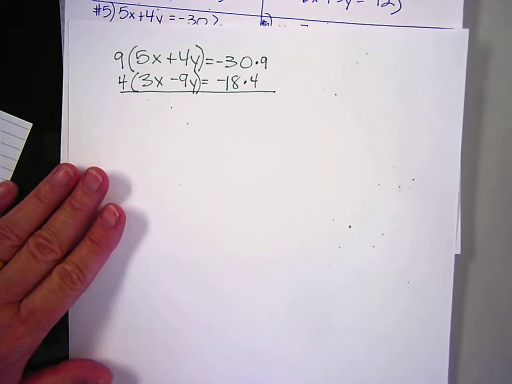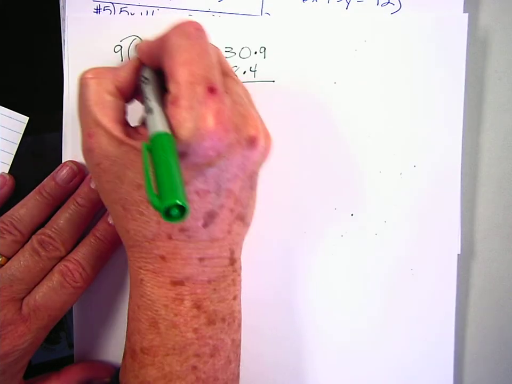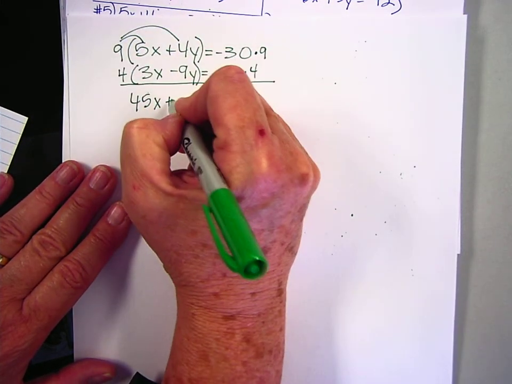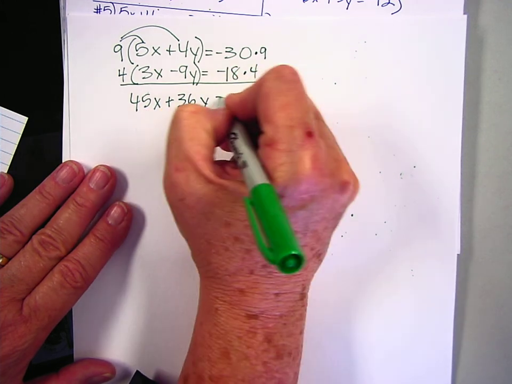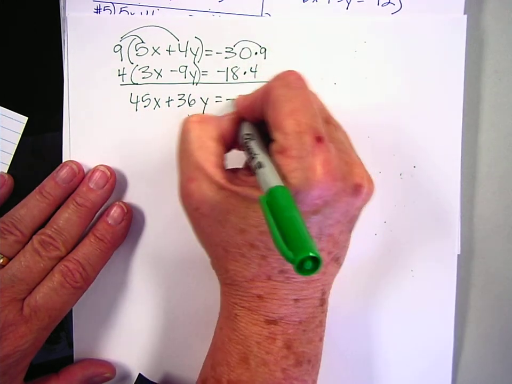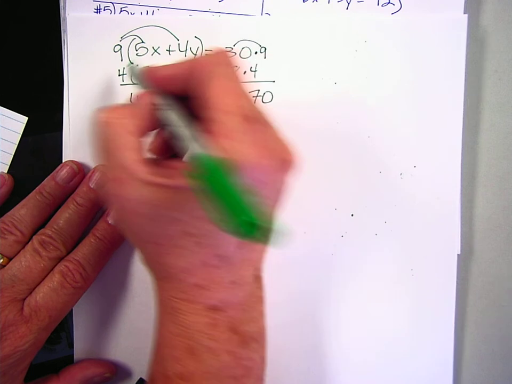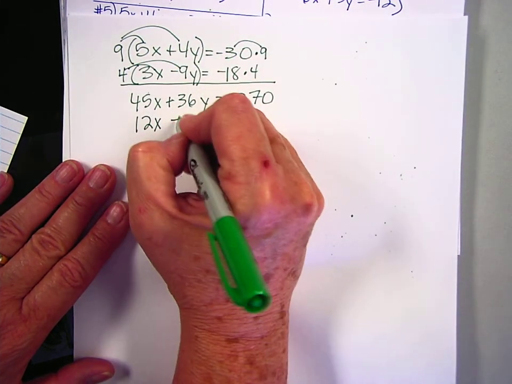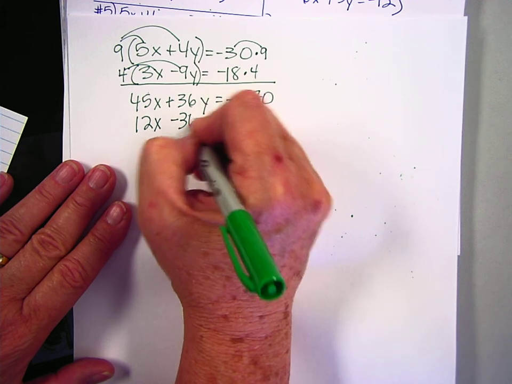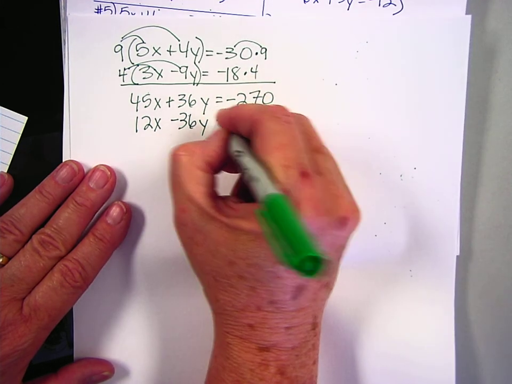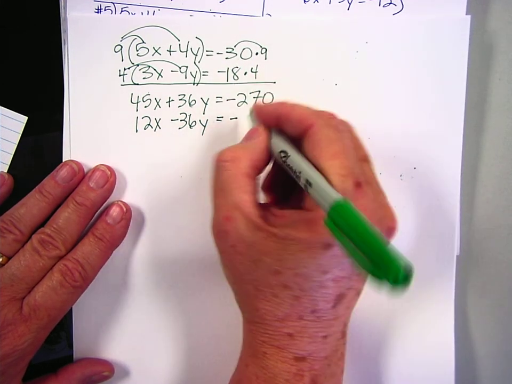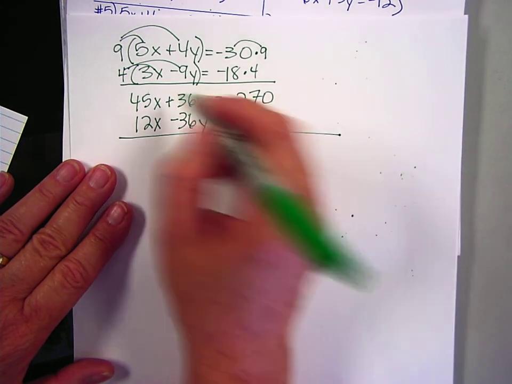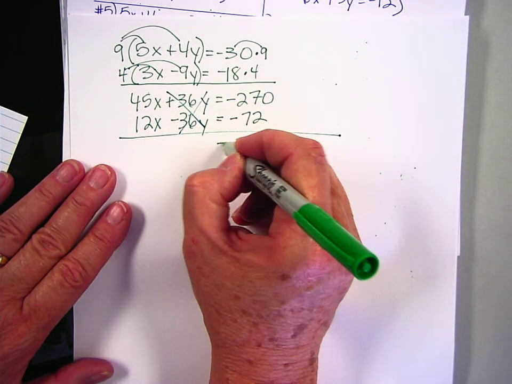And when I do my distributive property, I see that 45x plus 36y equals negative 270. And 12x minus 36y, see this, exact opposites, equals negative 72. These cancel out completely, which is what I wanted.